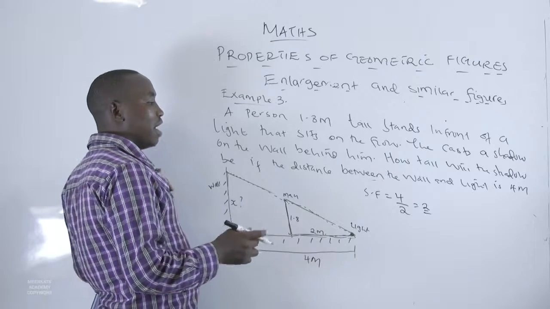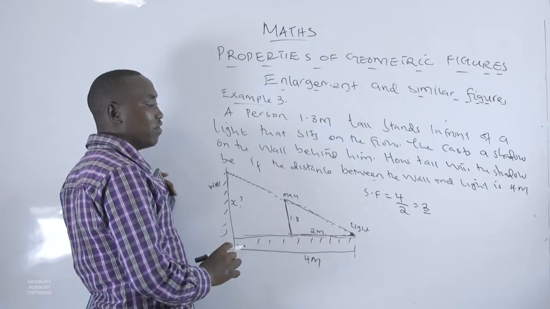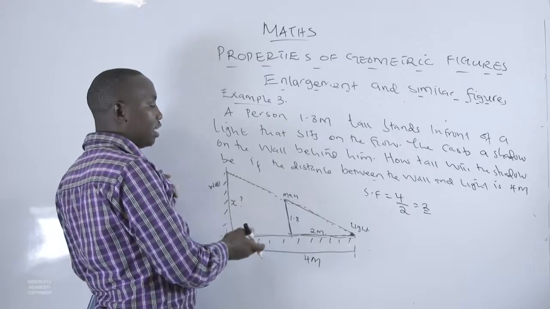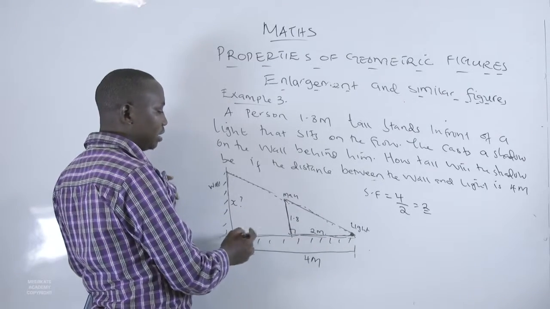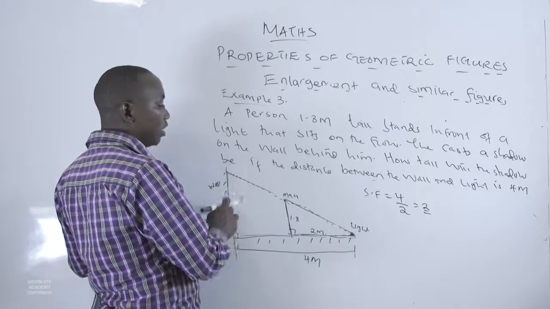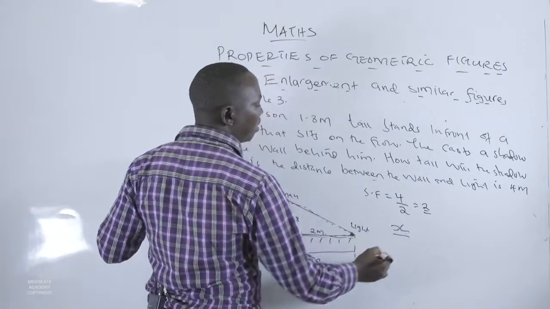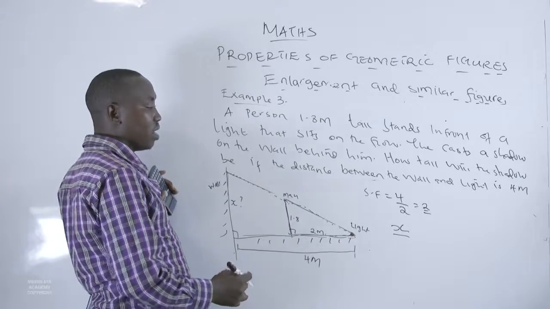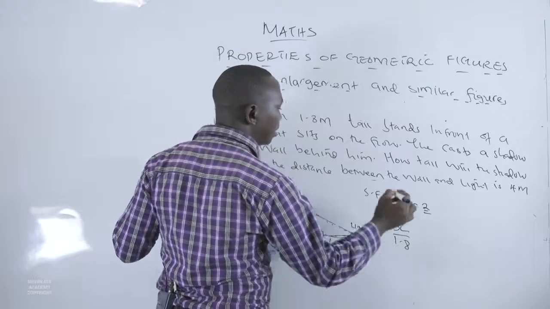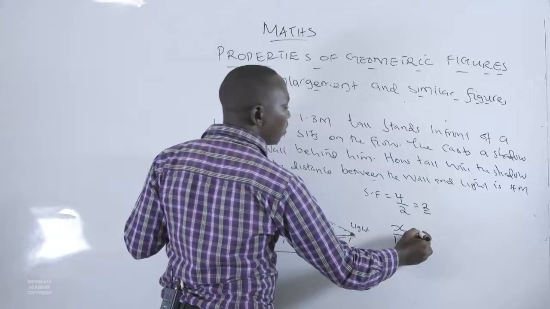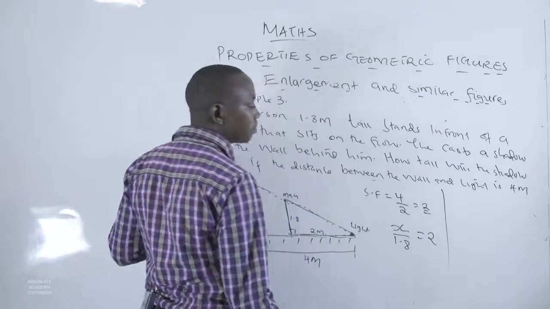units. And therefore, to get the value of x, we are going to use these corresponding sides, x and 1.8. When you take x, which is the image length, and divide by 1.8, which is the object length, we still get 2.